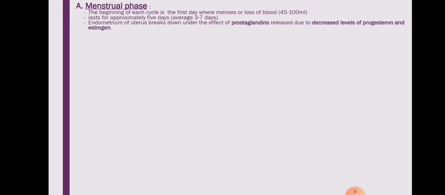The endometrium of the uterus breaks down under the effect of prostaglandins released due to decreased levels of progesterone and estrogen. Now, this whole cycle is a delicate balance of hormones. Decreased levels of progesterone and estrogen stimulate prostaglandins, and the uterine wall is sloughed off.